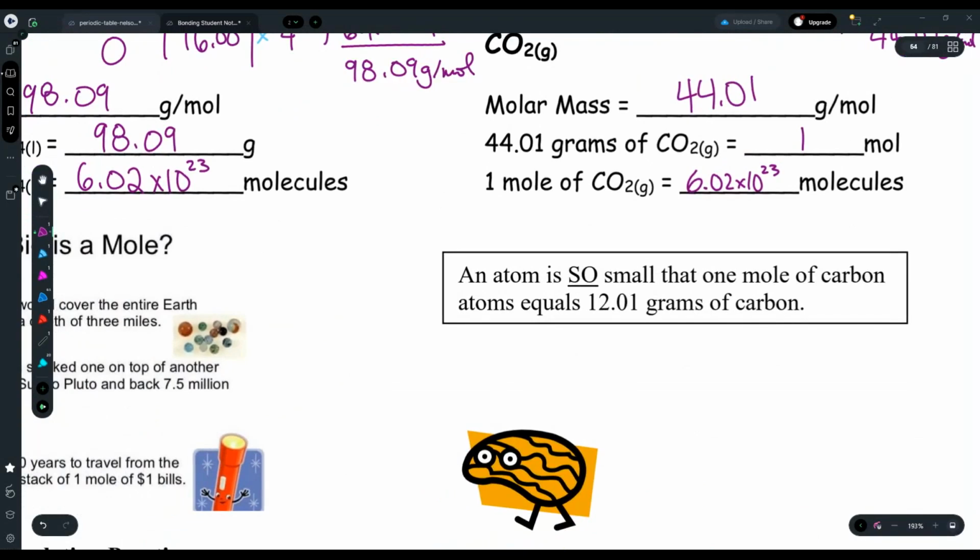However, since atoms are so small, 1 mole, so 6.02 times 10 to the power of 23 carbon atoms, is going to equal just 12.01 grams. Okay, so that's another reason why we have to use such a big number to represent a mole. It's just because atoms are just so tiny.